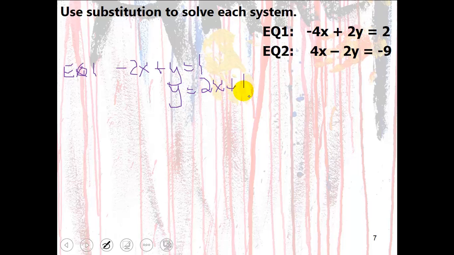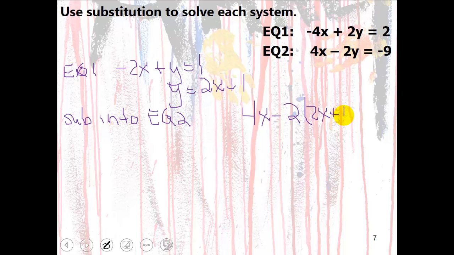Now I'm going to substitute that into equation 2. So now I have 4x minus 2 times (2x plus 1) is equal to negative 9.